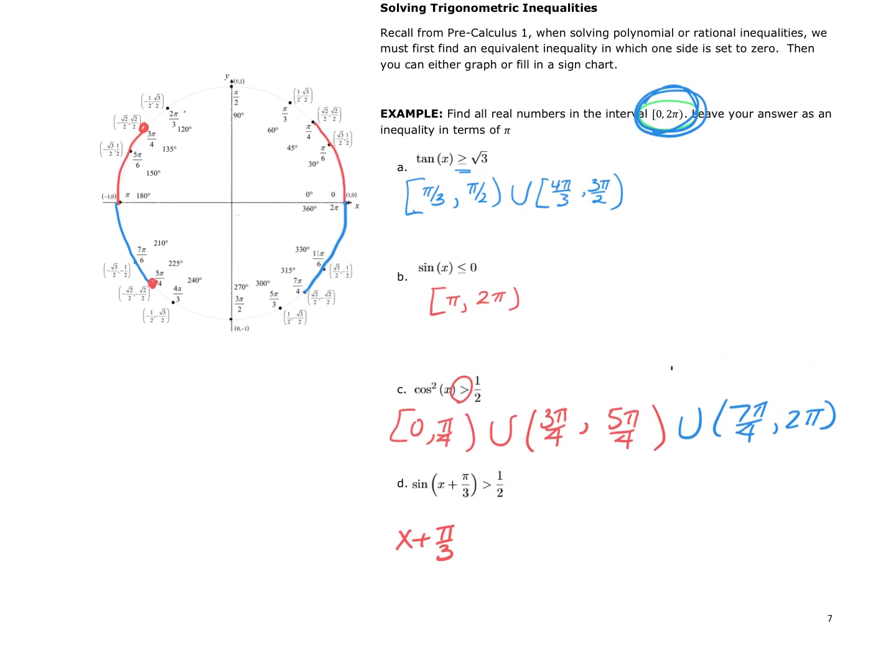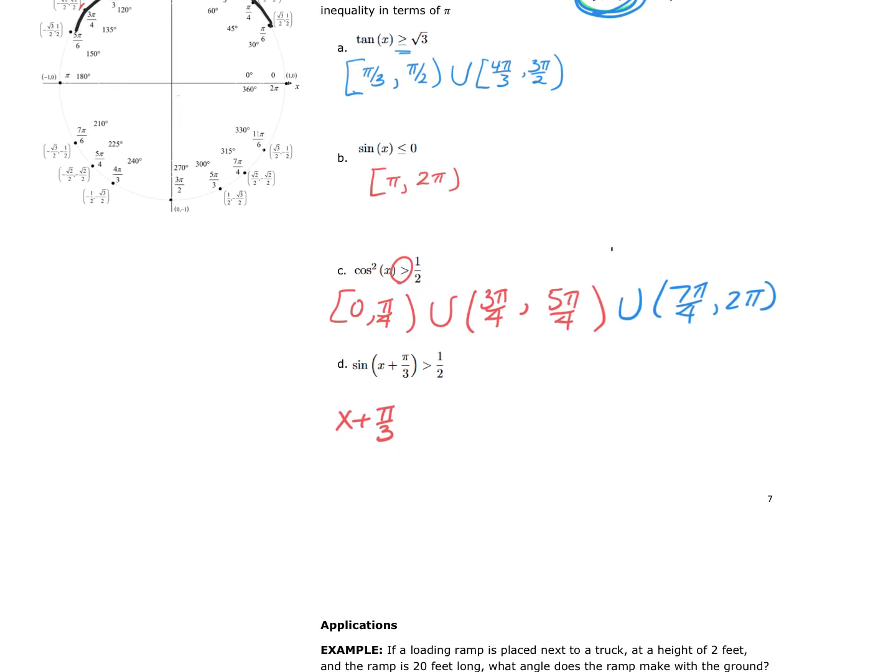I'm going to go back up to my unit circle, and the interval in which I am bigger than 1/2 is positive pi over 6 all the way to 5 pi over 6. So this will be true from pi over 6 all the way to 5 pi over 6.